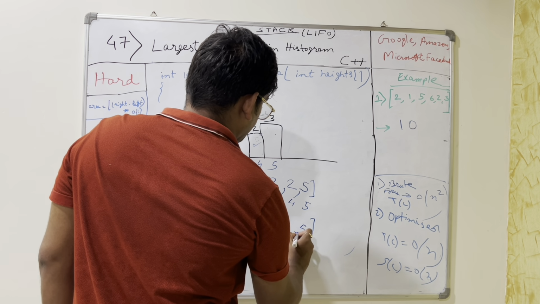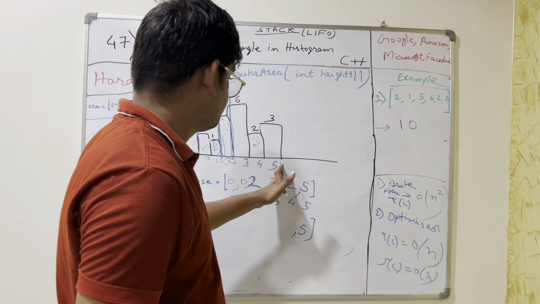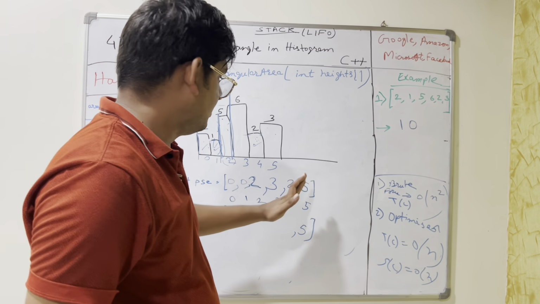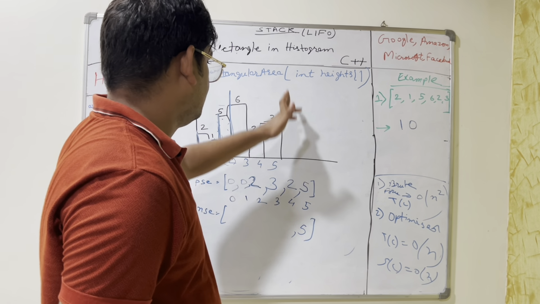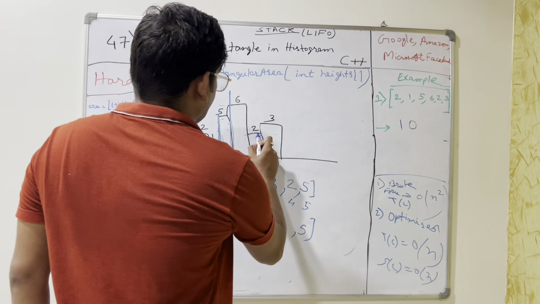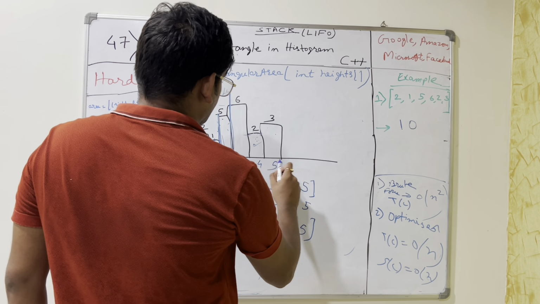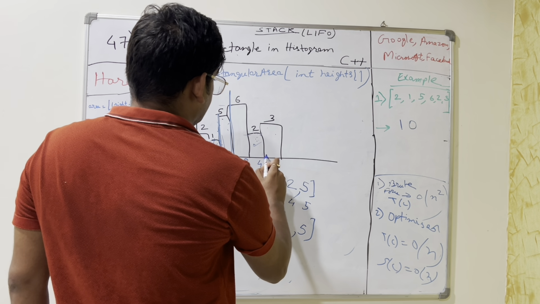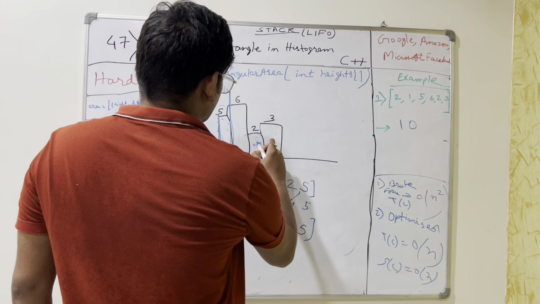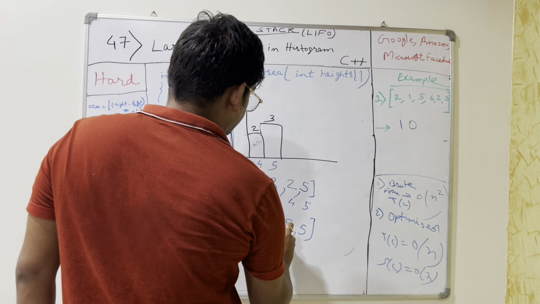So it would be 5. Same logic we will use. We don't have anything, so it would be the number of elements that we have, the fifth bar. And for 2, it can extend up to here, we don't have the next smaller element to the right, so it will also extend up to 5.